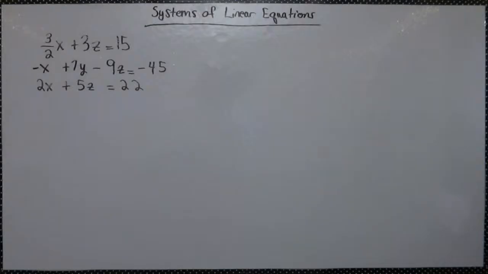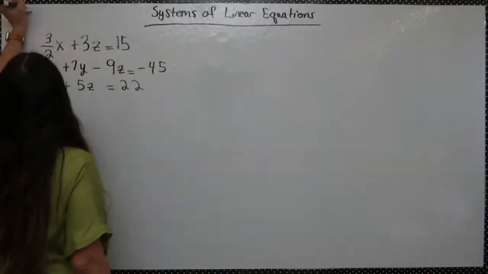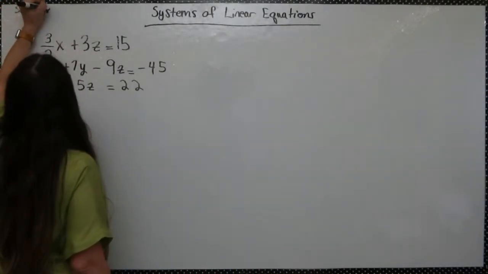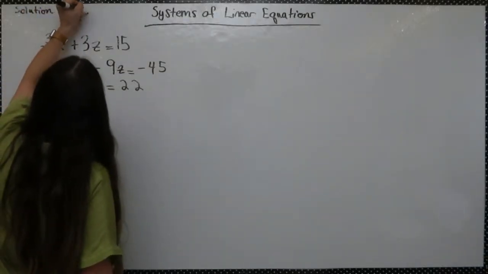So 12a, we've got 6, -3, and 2 for the solution. 6, -3, and 2. Okay. So we are going to put that solution right up here. 6, -3.